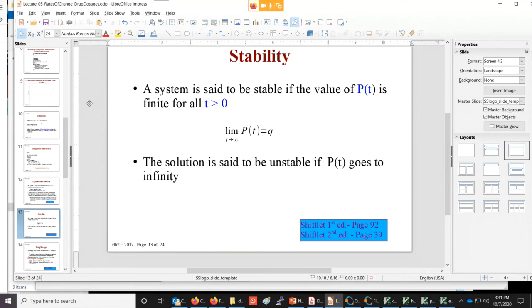Either you have an error in your equation somewhere as you're executing the code. A lot of times you got a negative sign wrong or something like that, and it's growing when it's supposed to be going down, or just that the system is unstable.